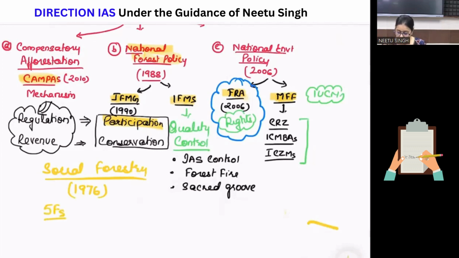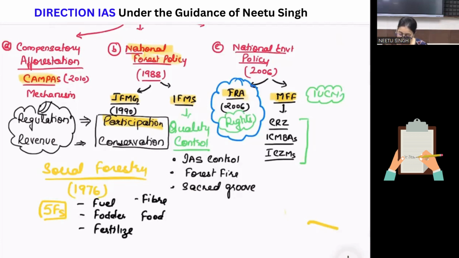What are the 5 Fs? In the 1960s, India successfully mobilized the Green Revolution, which made the farming population self-sufficient in their food production. So we wanted to ensure the 5 Fs: fuel, fodder, fiber, food, and most important, fertilizer, so that our farmers become self-sufficient in the 5 Fs.